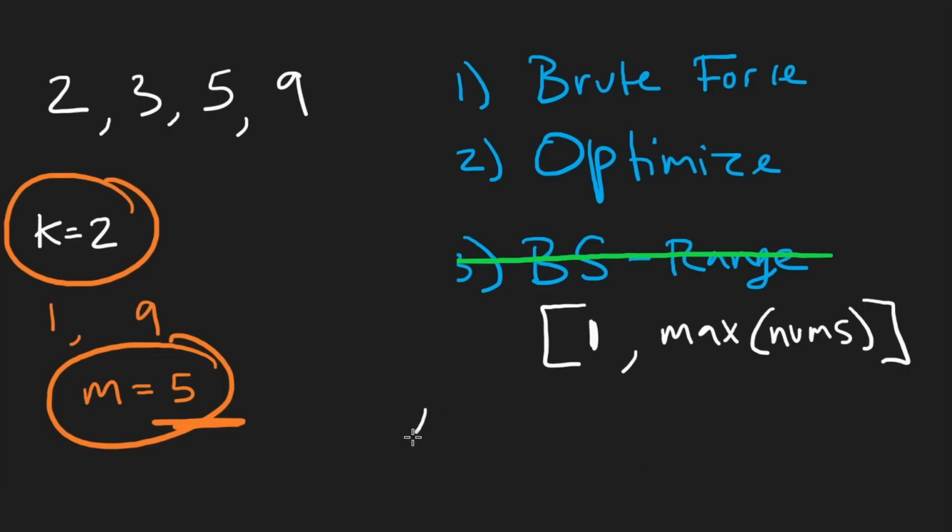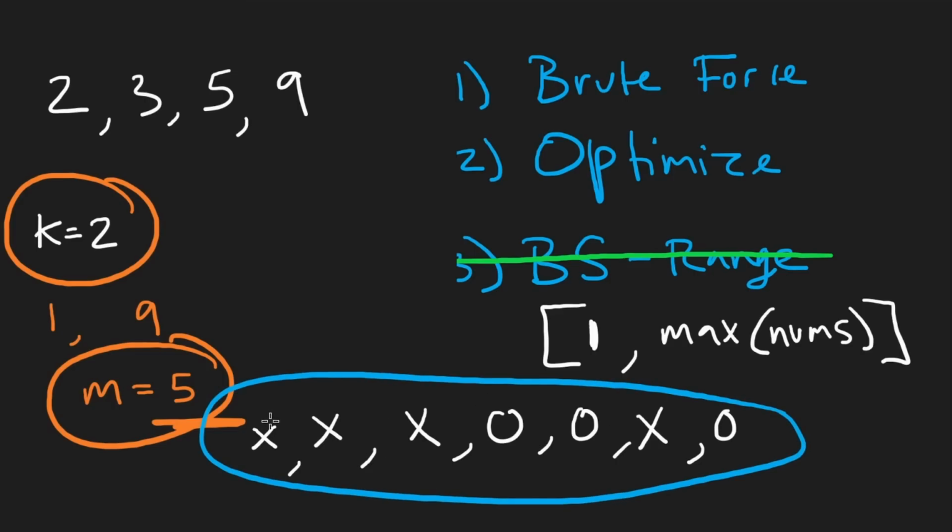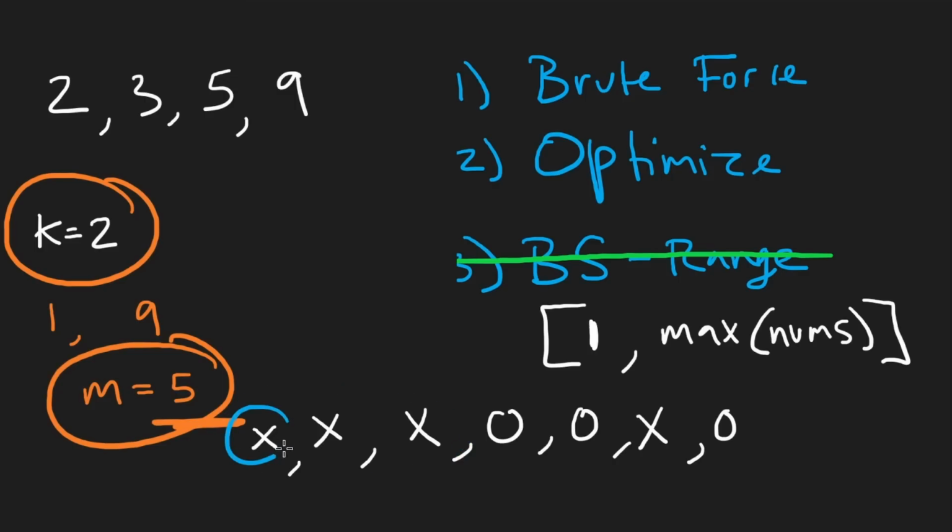To put it in terms of X's and O's maybe is better. If we just have a bunch of X's, and let's say we're trying to count all of the X's that aren't adjacent. For example, here we could count this one, and that's what we're trying to do. We can't count two adjacent ones of these. The algorithm is basically to pick one and then jump two spots. Now we're here, jump two spots.